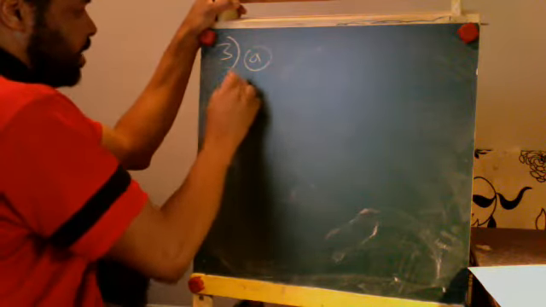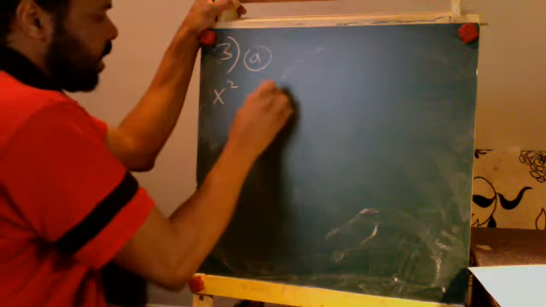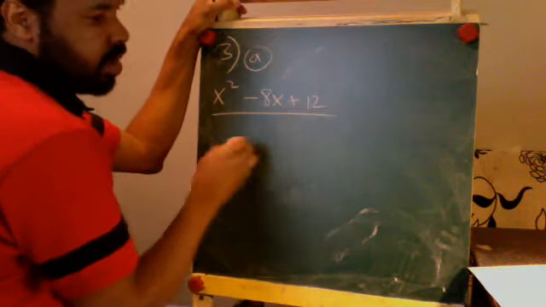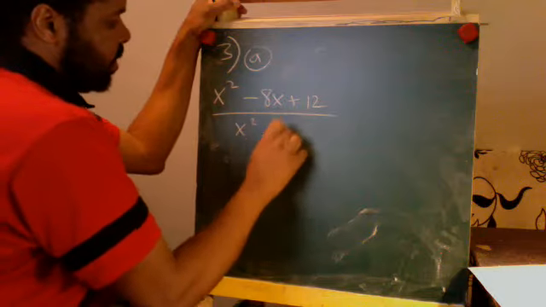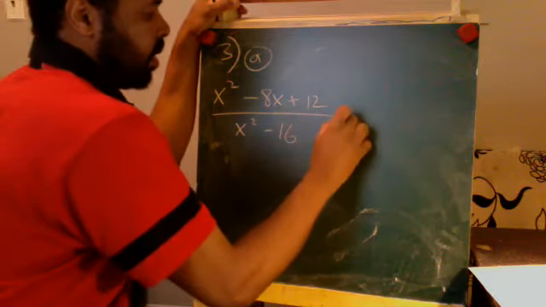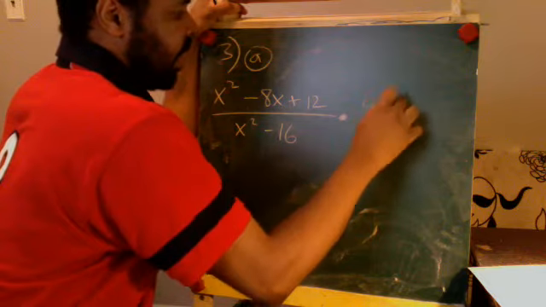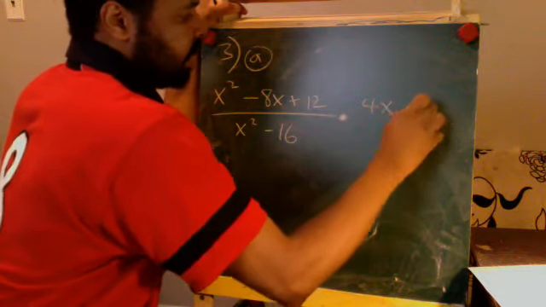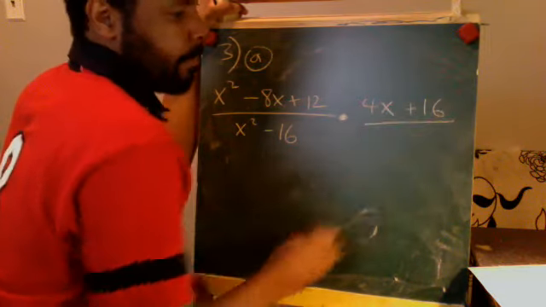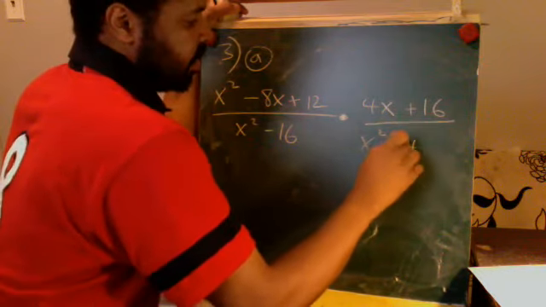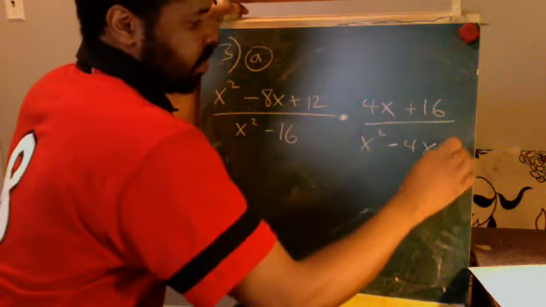So what I have here is x squared minus ax plus 12 over x squared minus 16. And this dot means multiply. So that's multiplied by 4x plus 16. And I have x squared minus 4x plus 4.